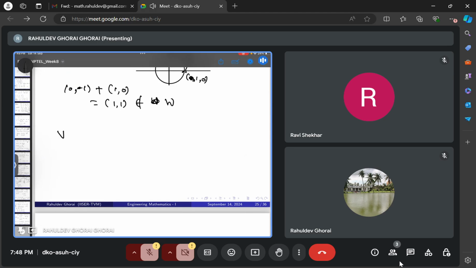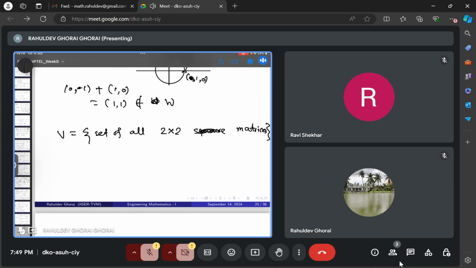Okay, so let's say V is a set of all 2 by 2 square matrices. Can you tell me whether V is a vector space or not? Because this is the set of all 2 by 2 matrices.